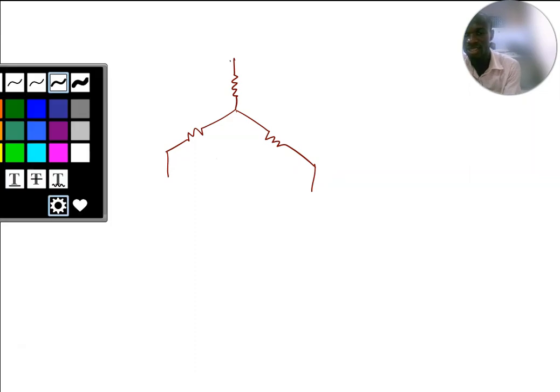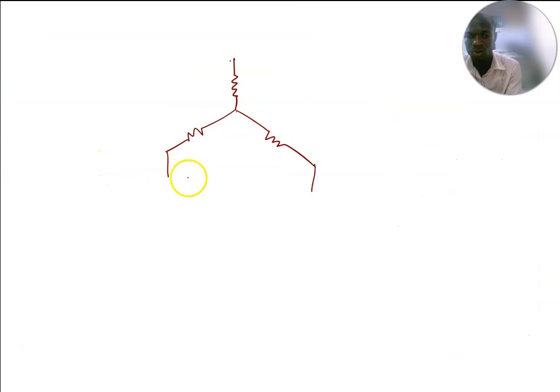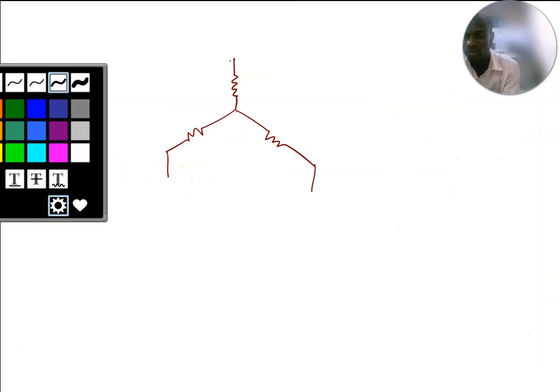And I have 1, 2 here. And I have another one here, right? Then there were 2 resistors down there. Okay. So let's revisit our drawing. Yes. So 1 ohm and 270. So yes. So I have, let me use another thing.